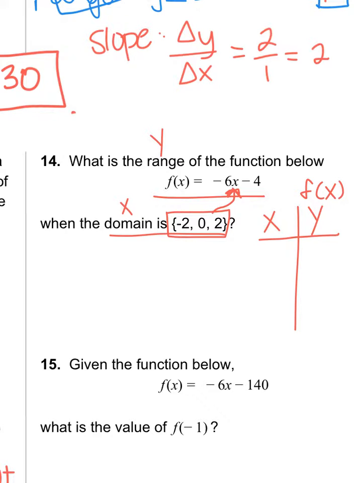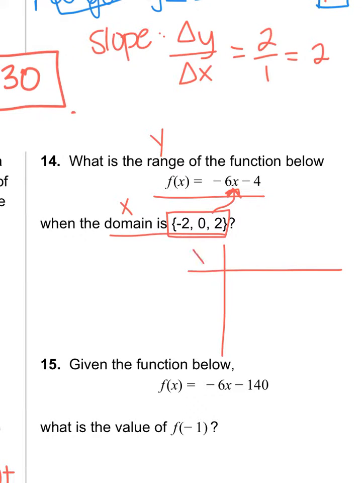So if we plug in our domain, -2, 0, and 2, let me make this table a little bit different, kind of similar to one of the assignments we just had. So we'll have our x, and then we'll have our y, which is again the same as the f of x. And then we have our equation, -6x minus 4.